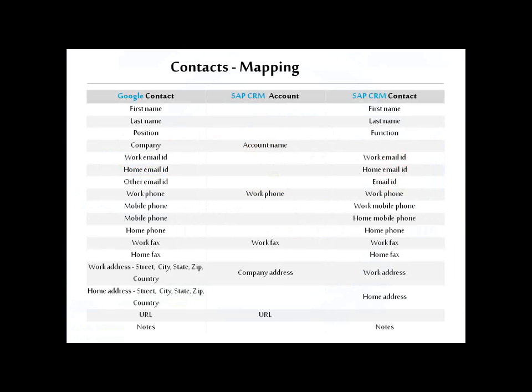So we have to marry Google Contact into SAP CRM account and SAP CRM contact. The contact mapping that we are showing here does exactly that. It demerges the account and contact and creates an account and contact in SAP CRM. When the update is coming from SAP CRM, it merges the account and contact and creates one record in Google Contacts. So this is just a piece of the puzzle we solved with G-Connect.